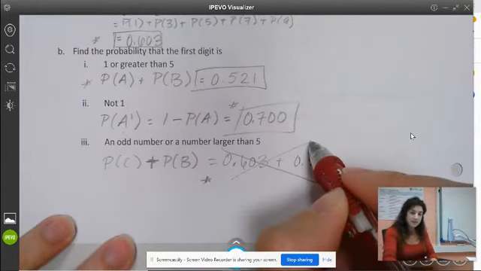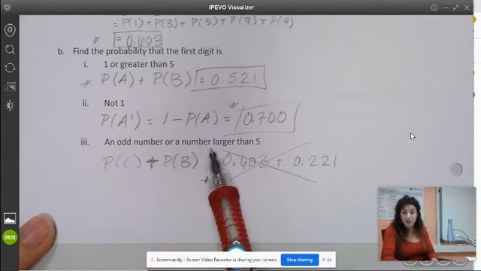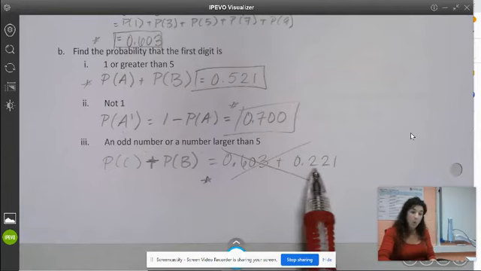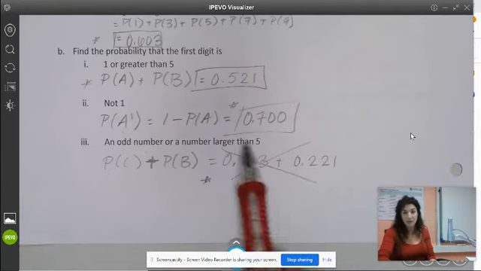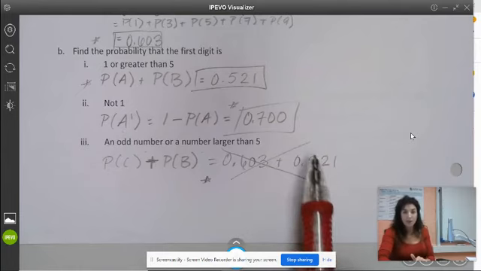However, realize that you can be an odd number and you can be a number larger than 5, right? You can be 7 or 9 and you would be an odd number and a number larger than 5. So it's being accounted for twice, in this probability and in this probability.